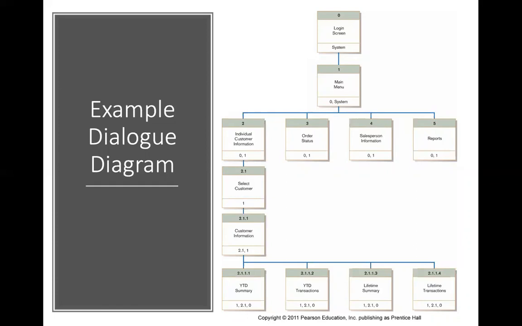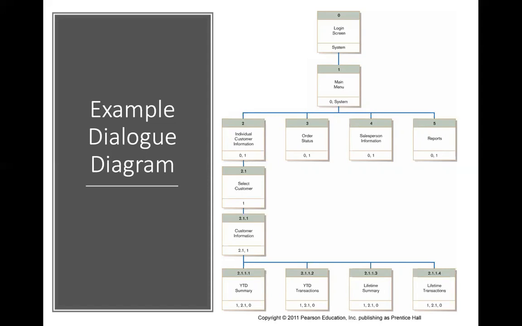If I then go from main menu, number 1, we then have a selection of 4 screens. It can either be 2, 3, 4, or 5: individual customer information, order status, salesperson information, or reports. So you can then see that 2 is accessible from either 0 or 1, and so on and so forth.